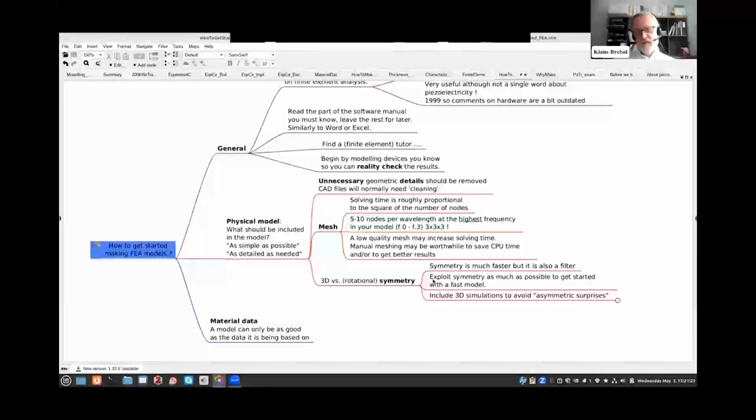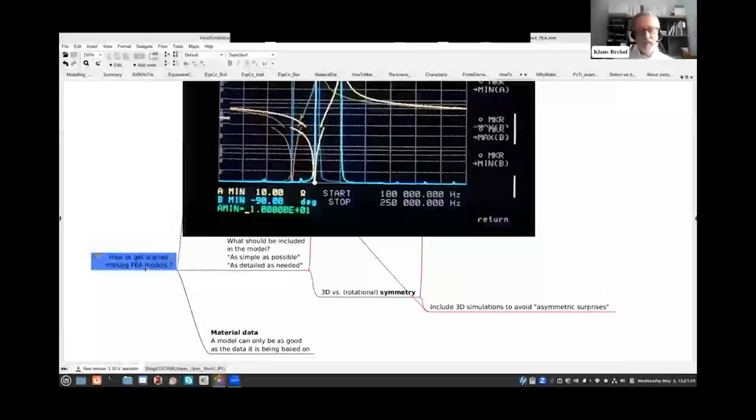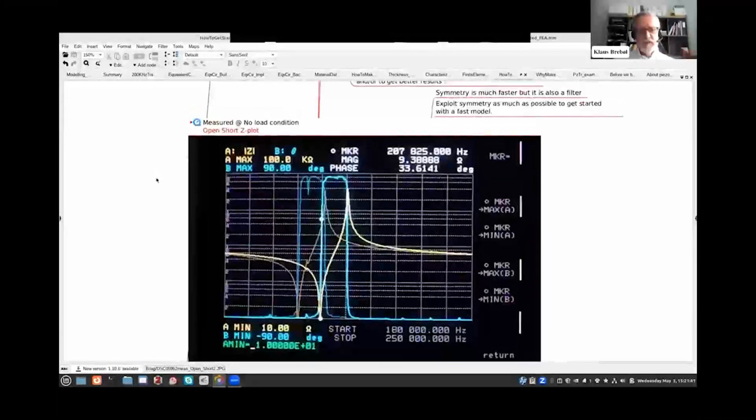The way to do this is to exploit symmetry as much as possible to get started, and once you are closer to your final solution, you begin to include 3D simulations to avoid asymmetric surprises at a more unpleasant moment.